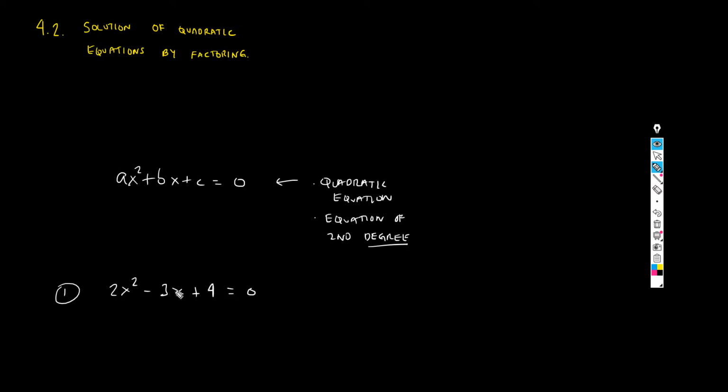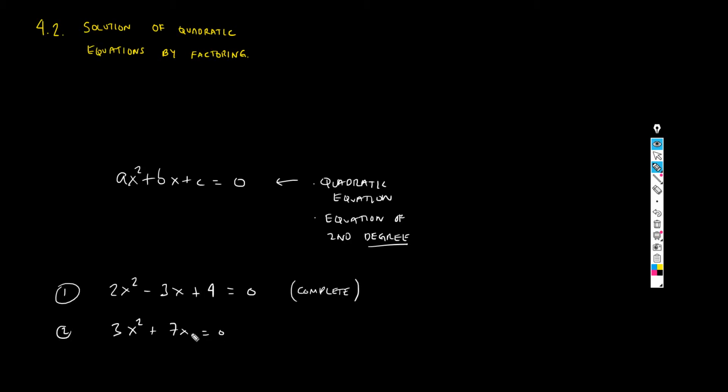This is called a complete quadratic equation because you have all the three terms: the quadratic term, the linear term, and the constant term. So this is called a complete quadratic equation.